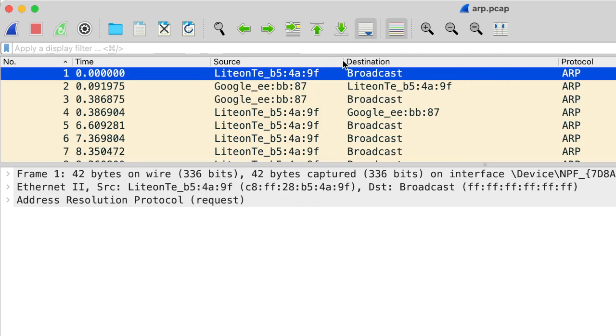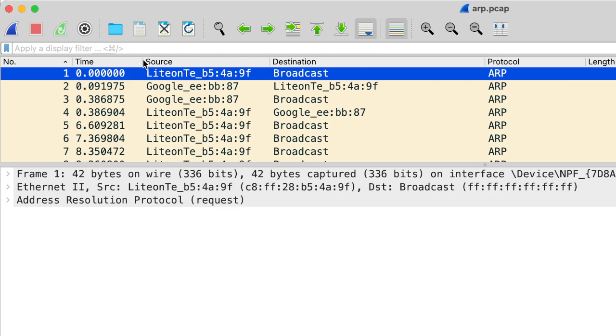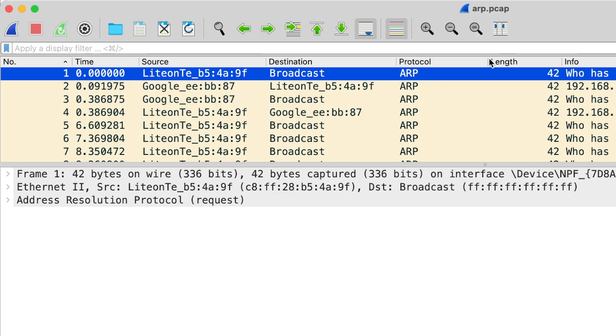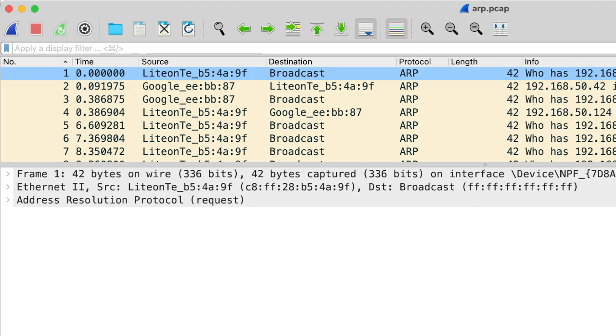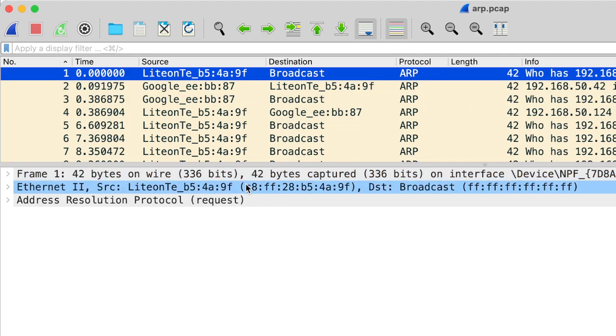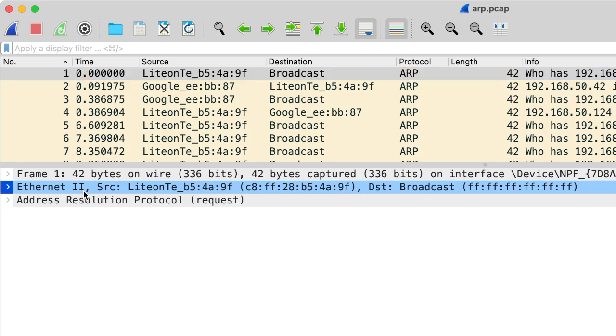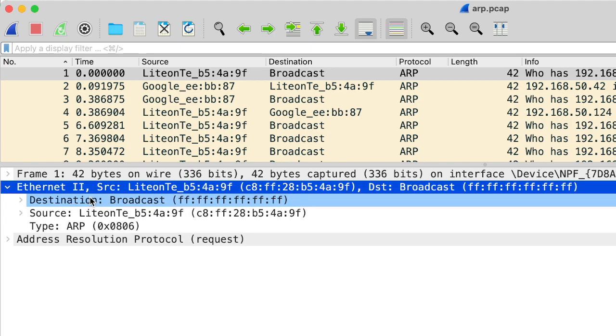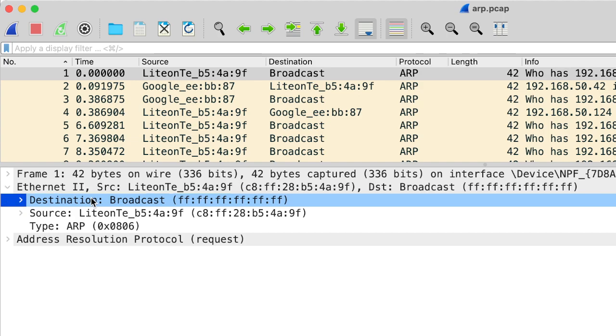I would like to show you how our packet is encapsulated and what information is included in our packet. Of course ARP is a layer 2 mechanism, so it should be embedded in a layer 2 frame, right? So let's take a look at what a layer 2 frame looks like.